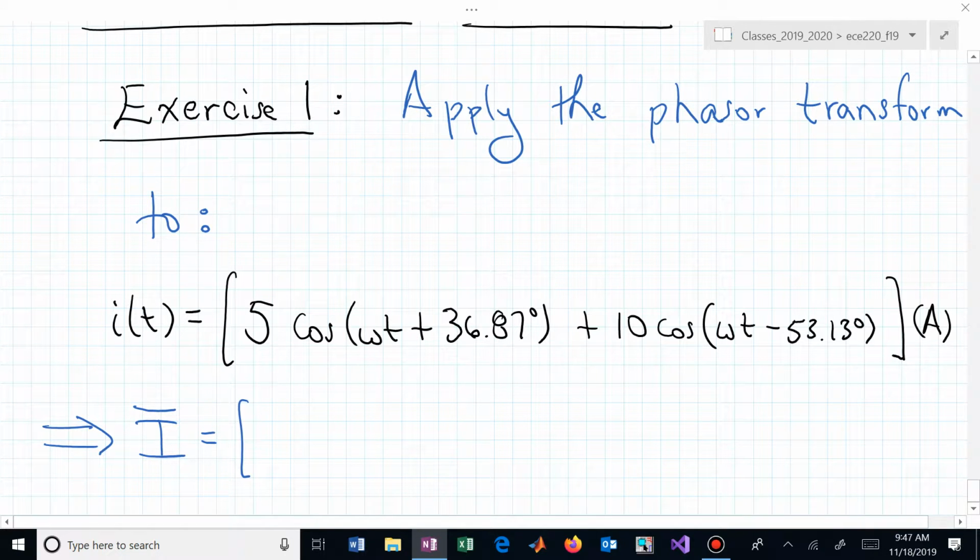What's the first component of that? If I now convert the first cosine component of that I of t into its phasor form, what would I write down? Magnitude, an angle.